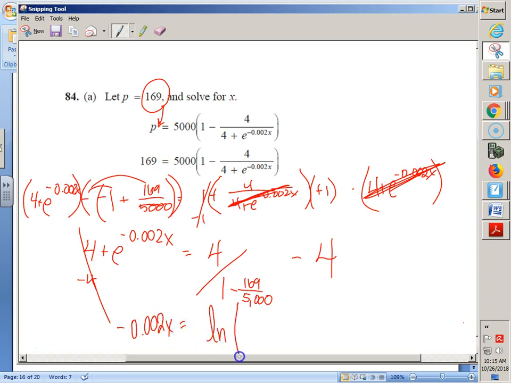Now I have ln of 4 over 1 minus 169 all over 5,000. Oops, nope. Can't forget my poor little -4. I think I just need to divide by this guy, right? Finally got x alone.